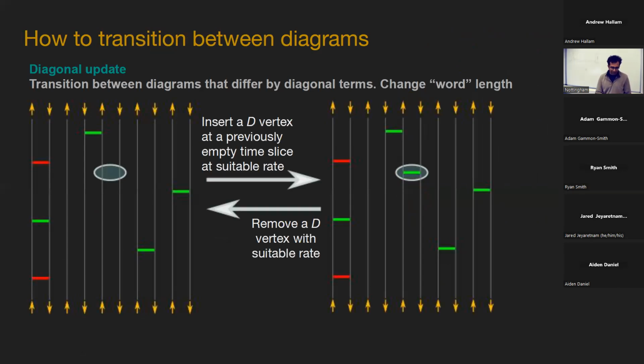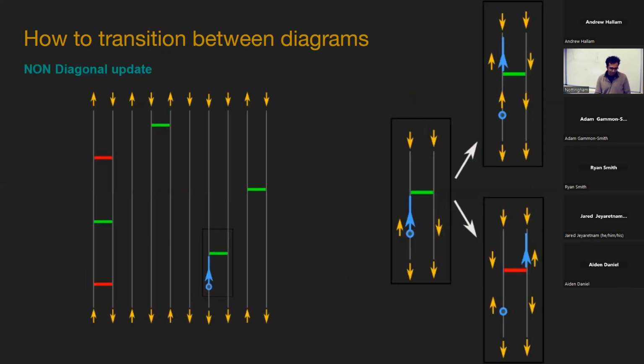That essentially samples configurations with the same locations of the non-diagonal operators. Now I need a second algorithm which allows you to make a transition from diagonal operators to non-diagonal operators.